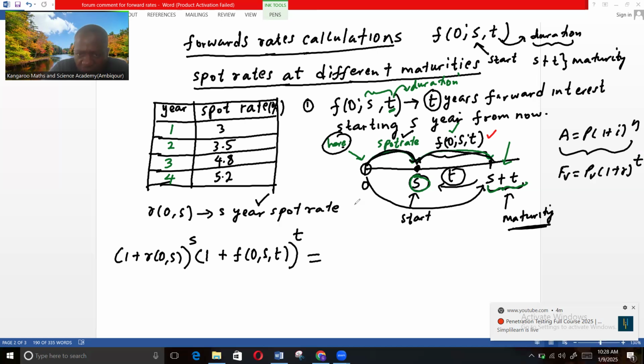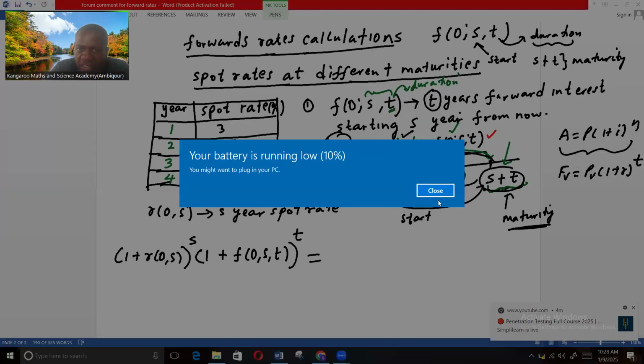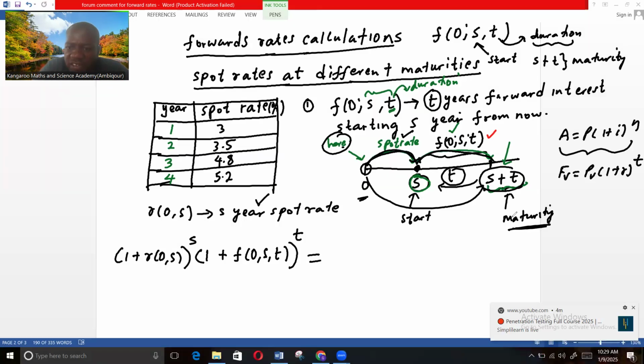And from the start up until S plus T, this is just the spot rate. And since it is the S plus T spot rate, it will be 1 plus the S plus T spot rate, compounded to the power of S plus T.